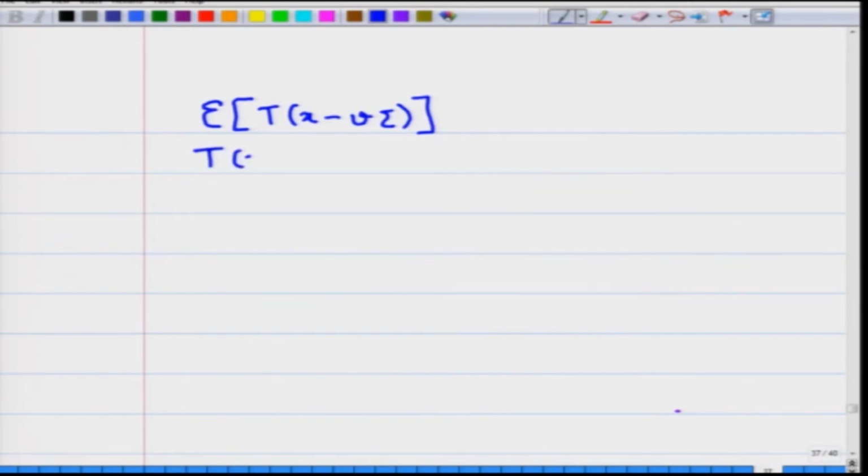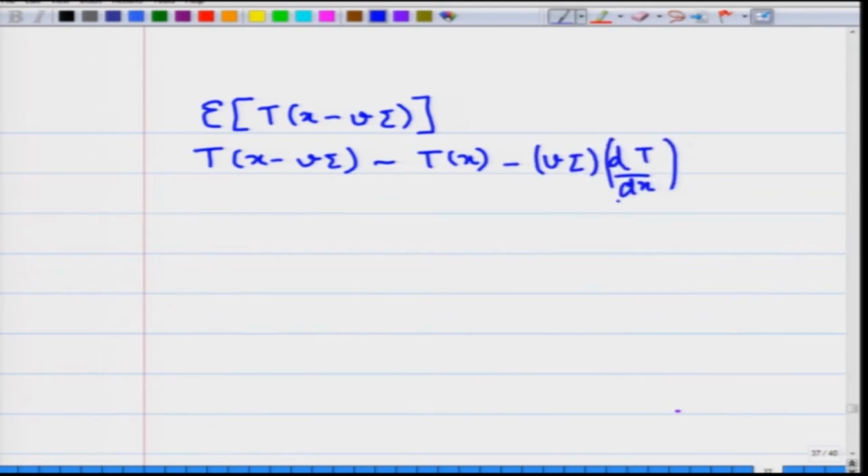Now, this temperature x minus V times tau, I can easily Taylor expand it, because it is a very small interval around x. I can easily expand it to the temperature at point x minus V tau into dT by dx, and I neglect higher order terms.